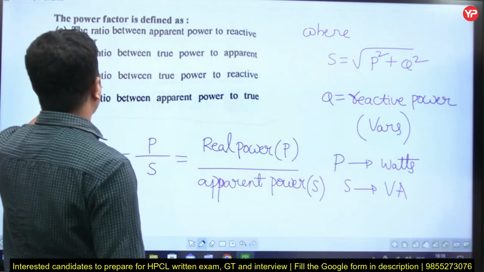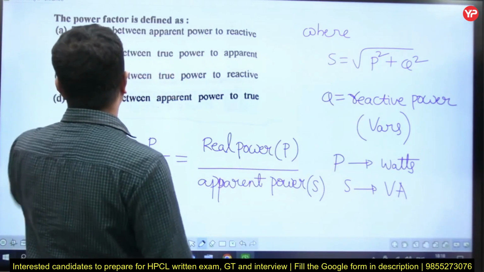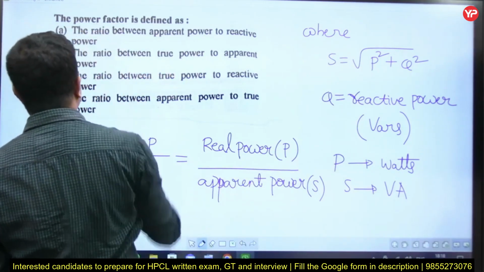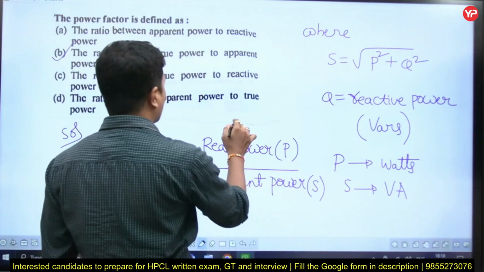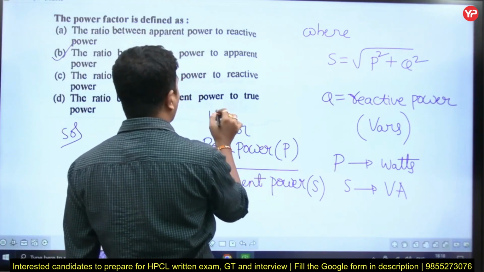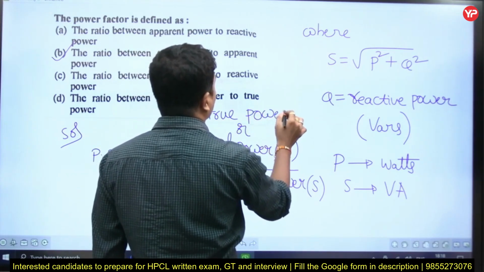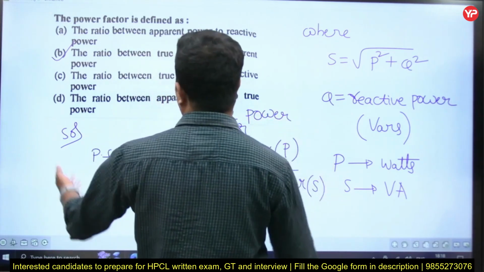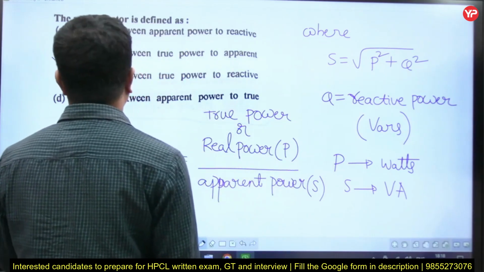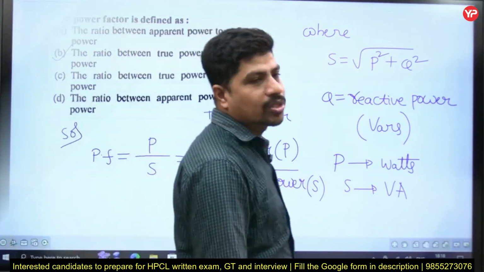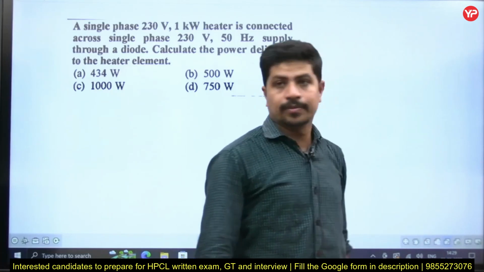The power factor is the ratio between true power and apparent power. The real power is also called true power. Choice B is the perfect answer for the given question. Let's go to the next question.